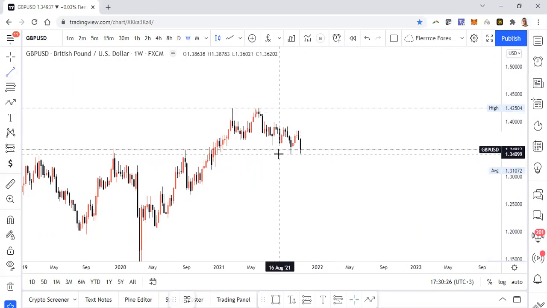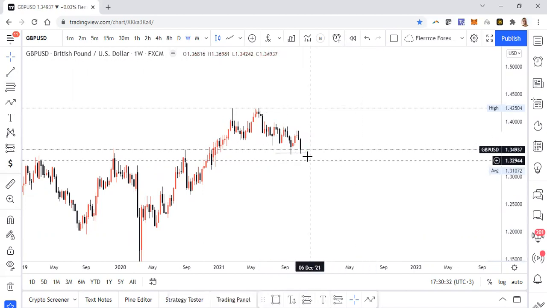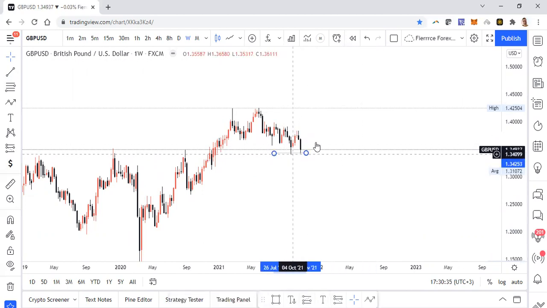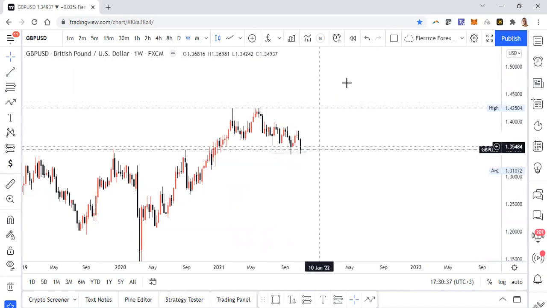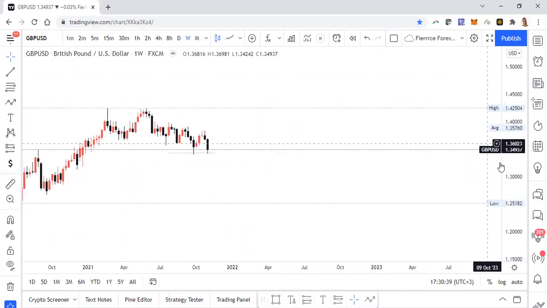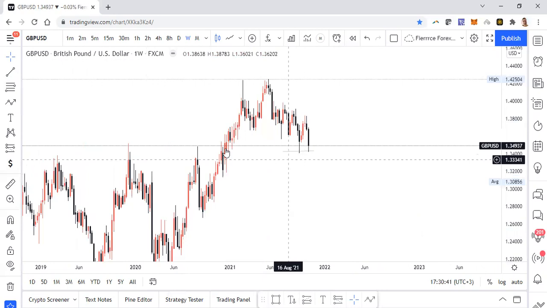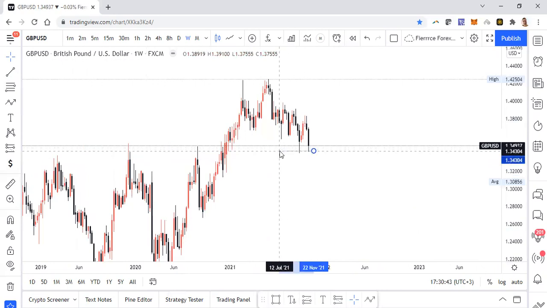So I can see we have some level here. And I'm just anticipating that GU would probably bounce away from this level here.